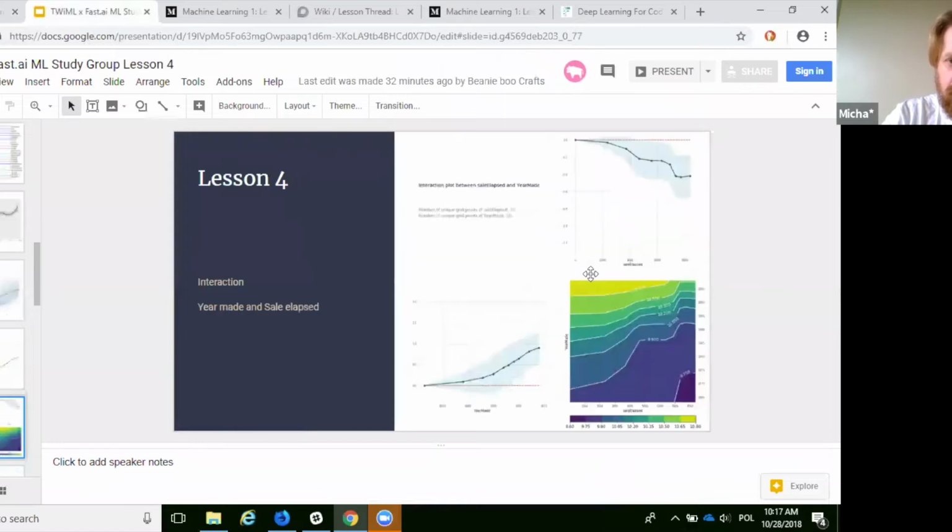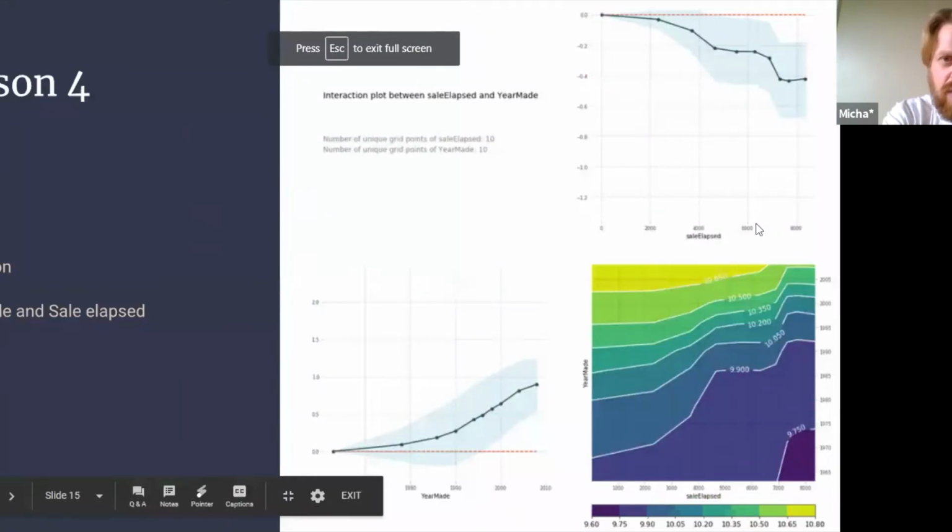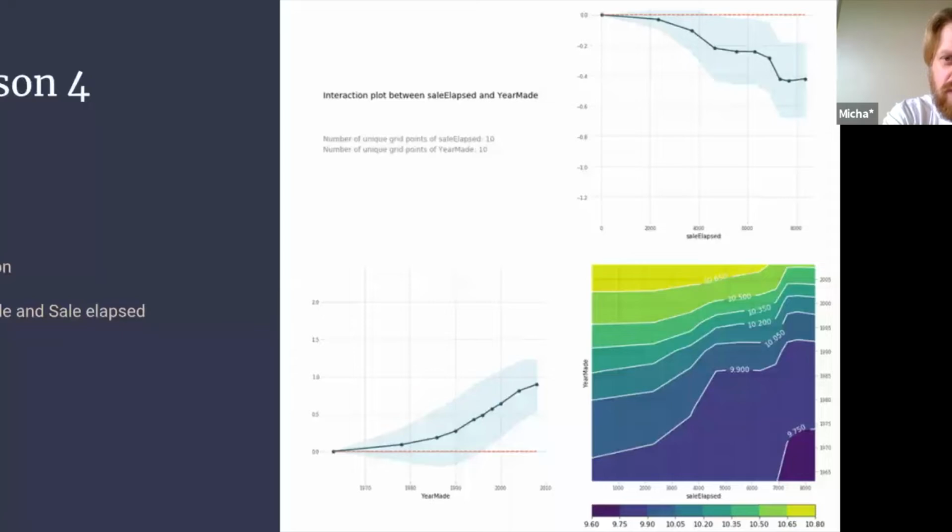Yeah, so the last slide, I think, not the one before last, is also a nice graph. It shows the interaction between variables, and in this case, it's year made and sale elapsed.